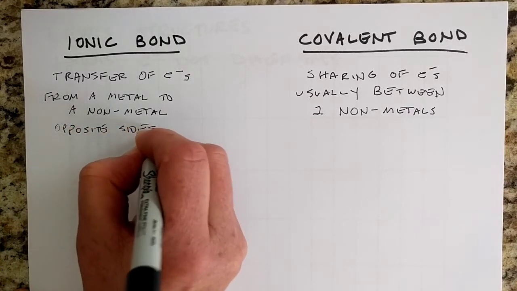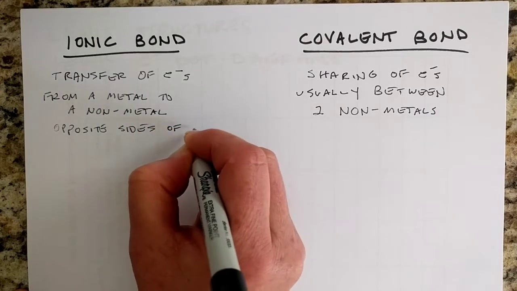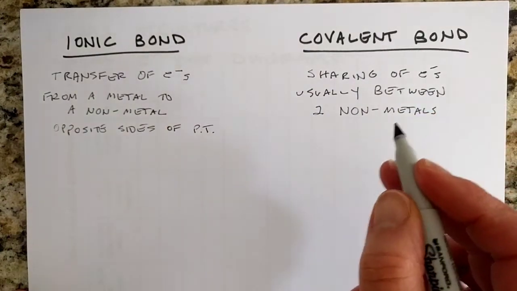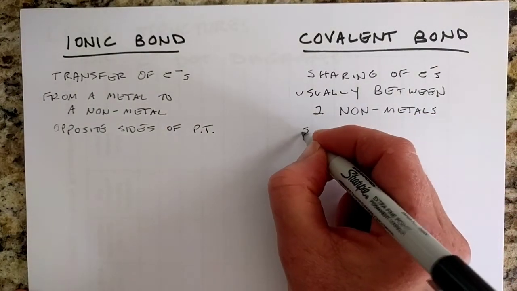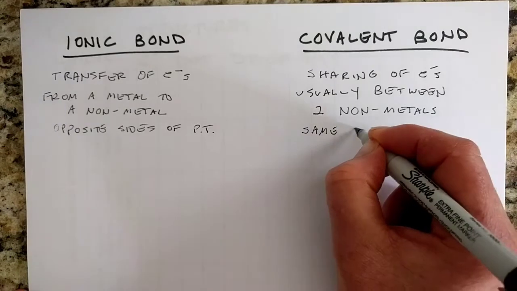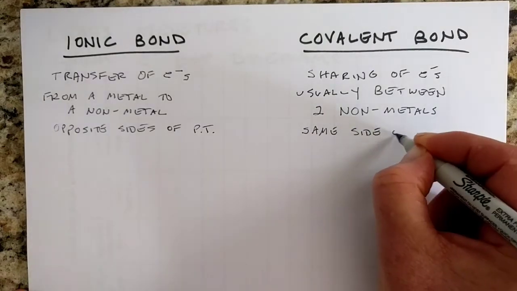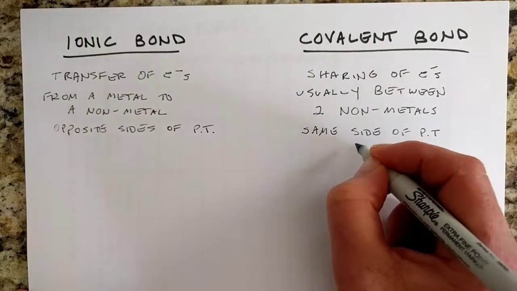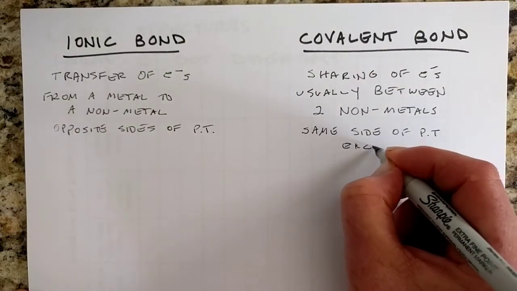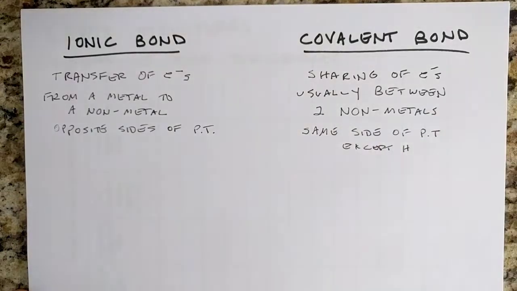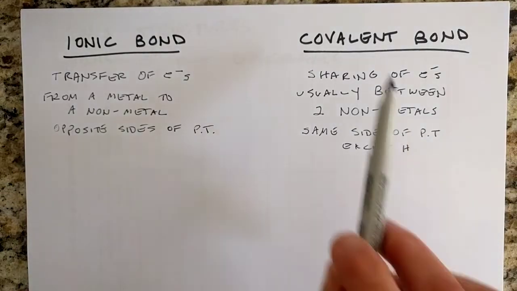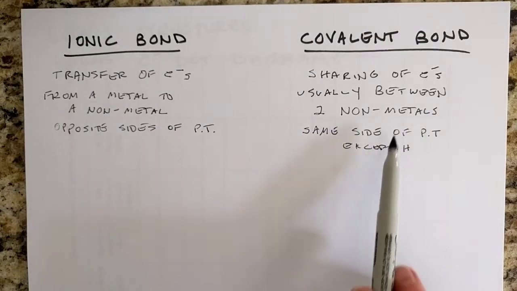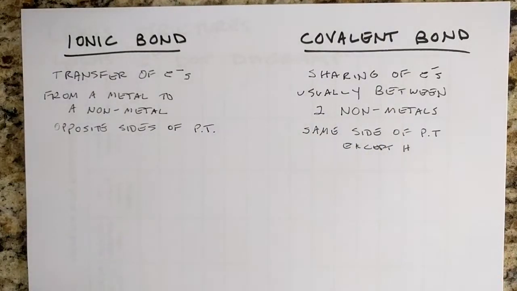Whereas for a covalent bond, our elements are going to be on the same side of the periodic table. Except hydrogen, right? Because hydrogen is a non-metal, so hydrogen is on opposite sides of the periodic table, but hydrogen is involved in covalent bonds.